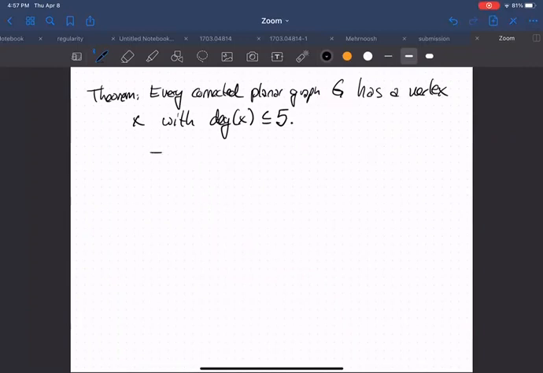Well, if I sum over all the vertices in my graph, we already talked about that sum. If you sum up all the degrees, you get twice the number of edges. Divide both sides by the number of vertices. That's still true, right?